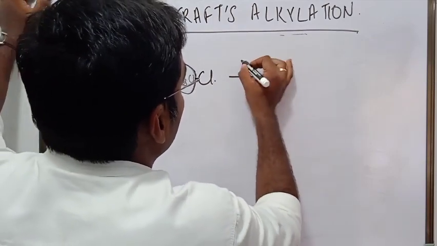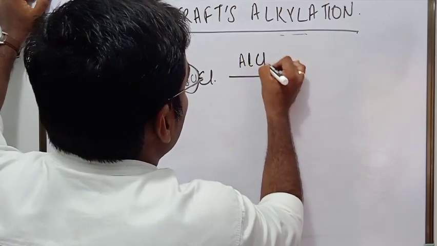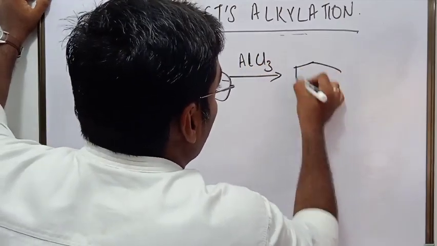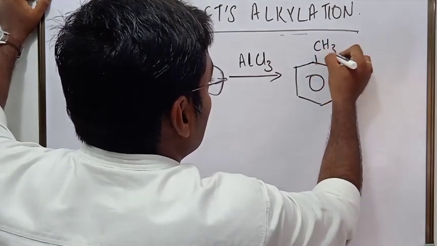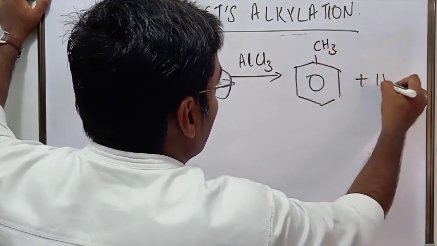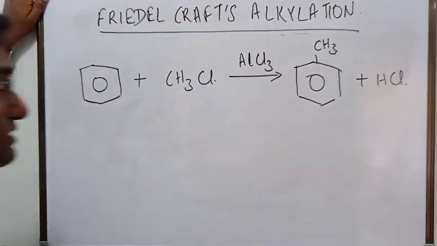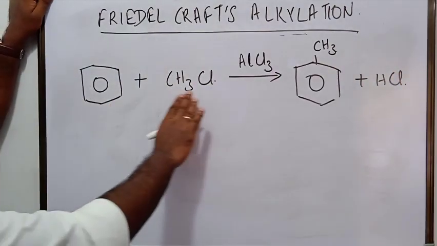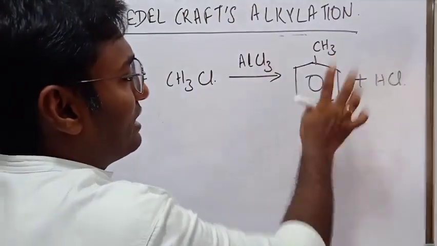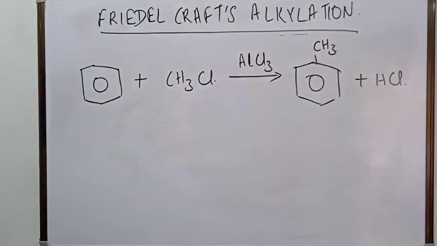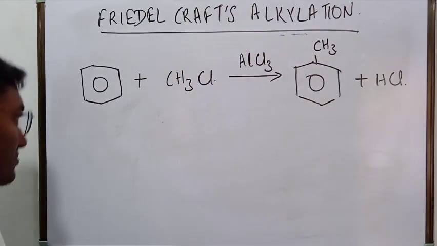We can use whichever. Here let me use AlCl3, and what we get is alkyl benzene and HCl. That's it. So the benzene reacts with alkyl halide in the presence of a Lewis acid catalyst to give alkyl benzene. Let us now look at the mechanism.